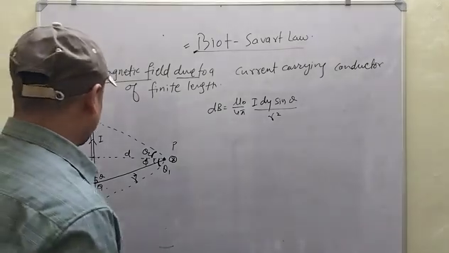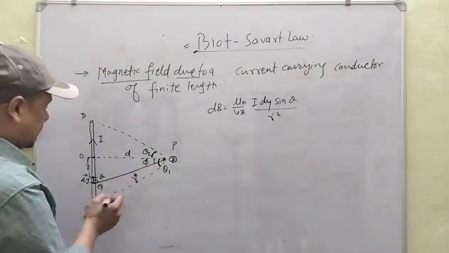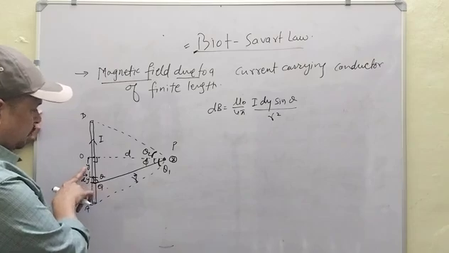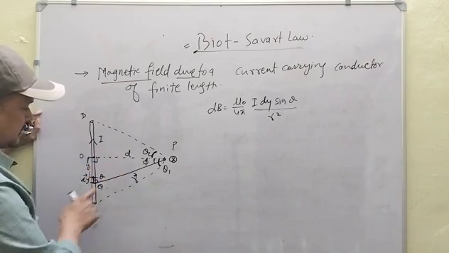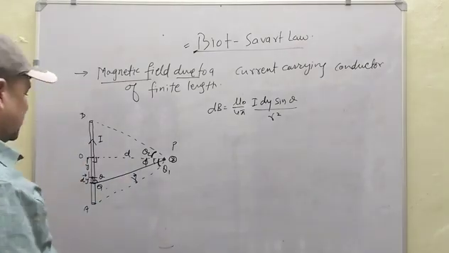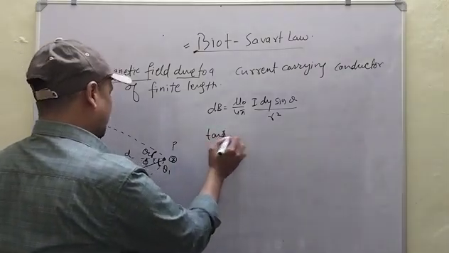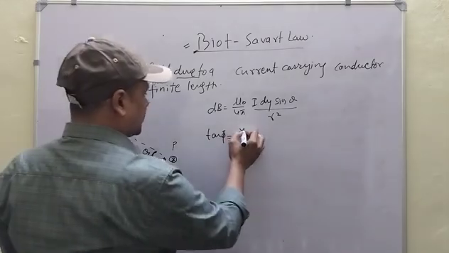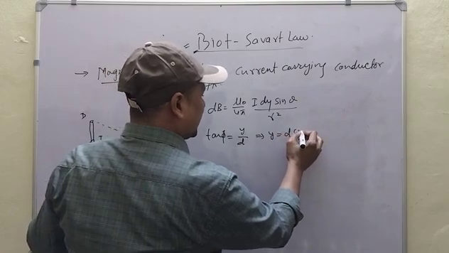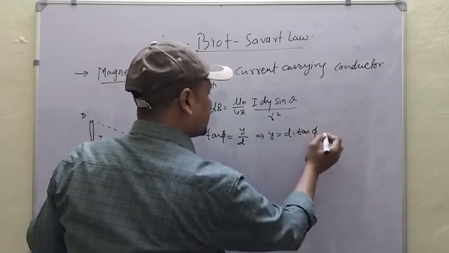Now here, suppose this is phi, and this is 90 degrees, so tan phi equals perpendicular y by base d in this triangle O, Q and P. So tan phi will be y by d. So y equals d tan phi.